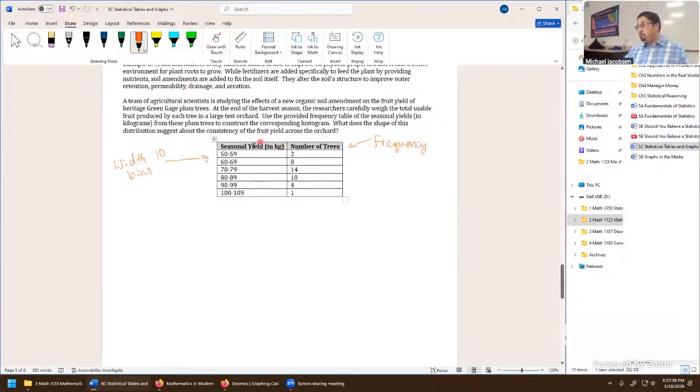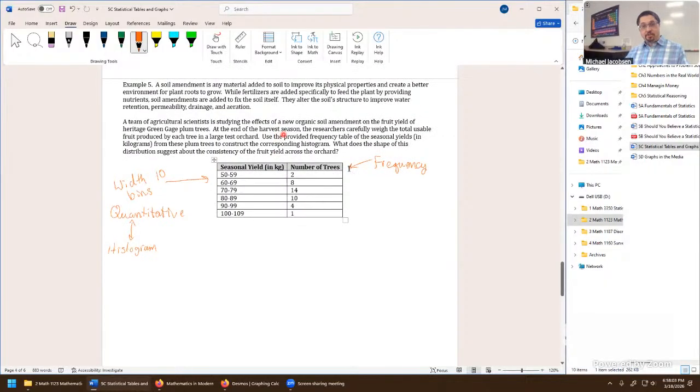And so it looks like based off this seasonal yield in kilograms, now it's definitely a measurement. It has a unit. This data is quantitative, which means for this quantitative data, we'll use a histogram. So same kind of problem, just different data type.